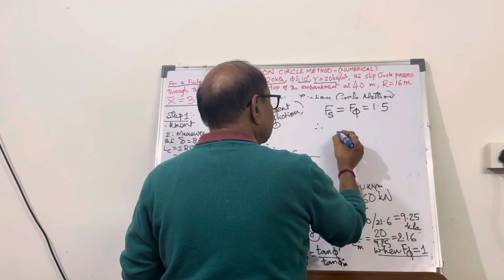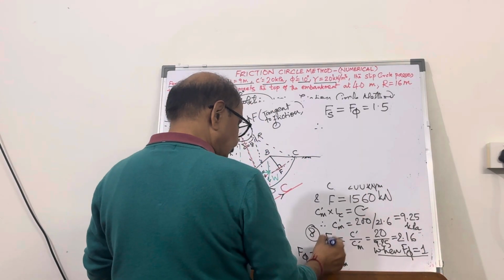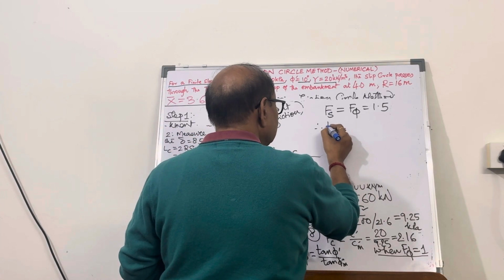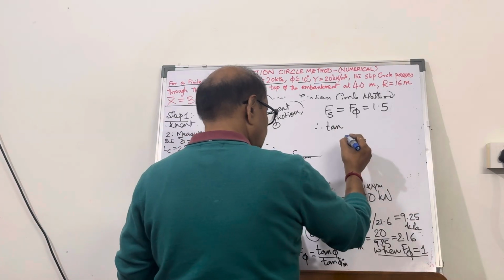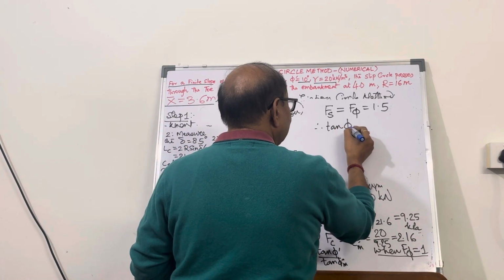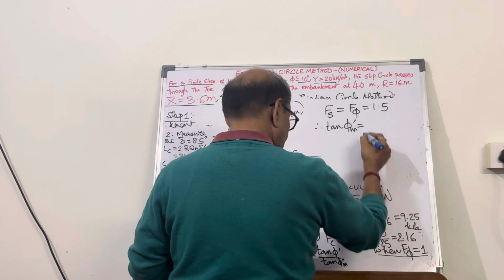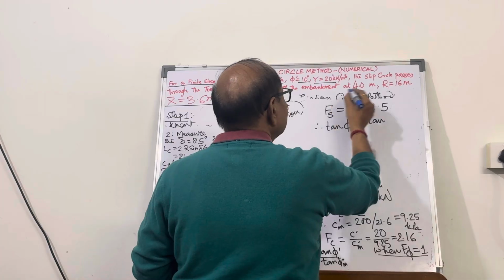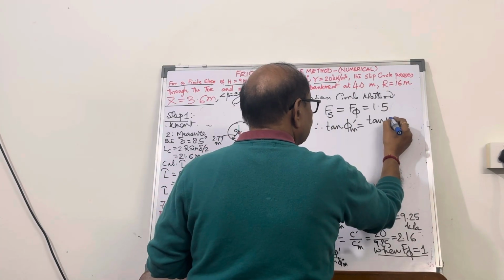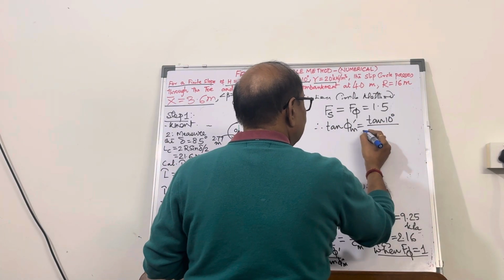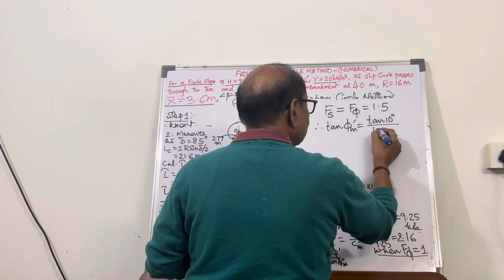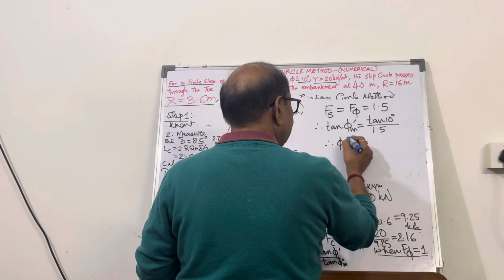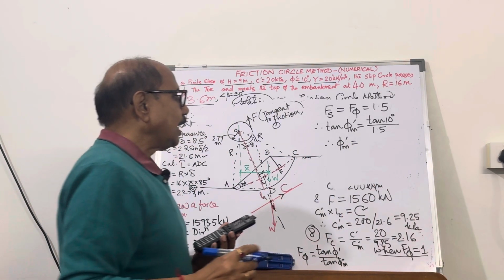Therefore, tan phi m prime equals tan phi, which is 10 degree, divided by F phi, which is 1.5. Therefore, you can calculate the angle.